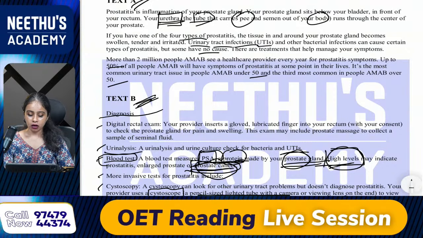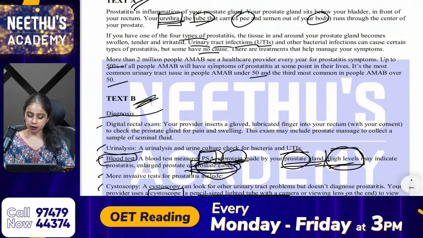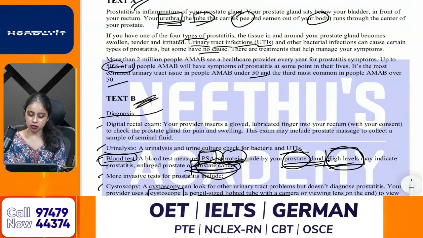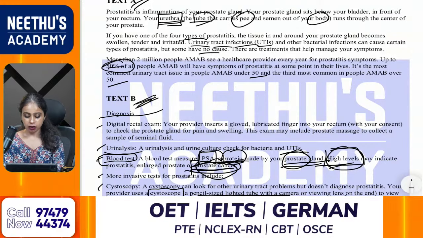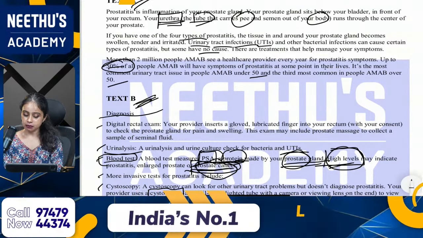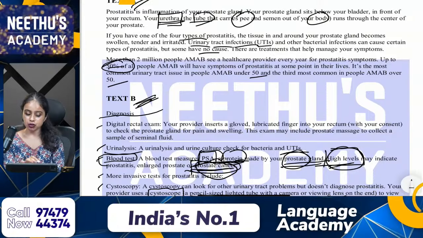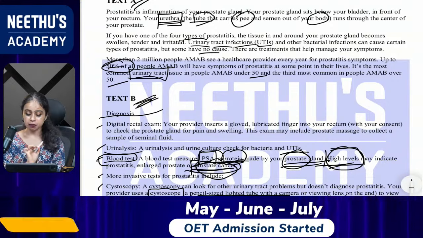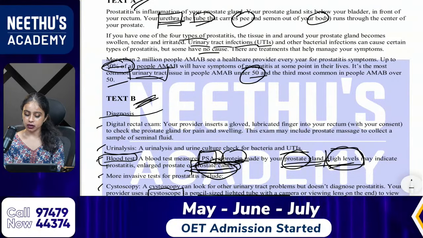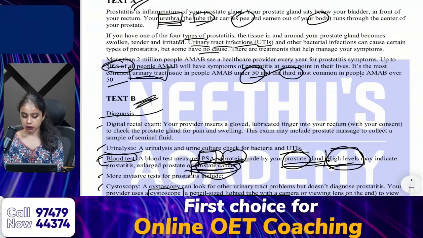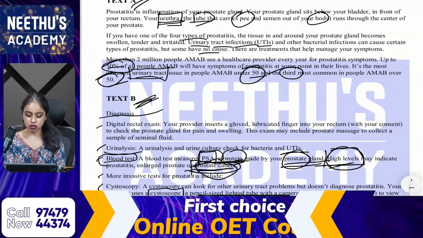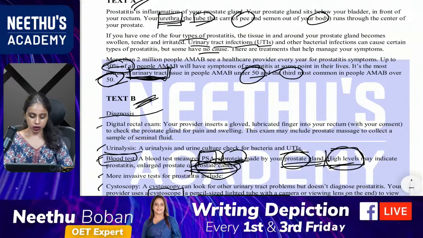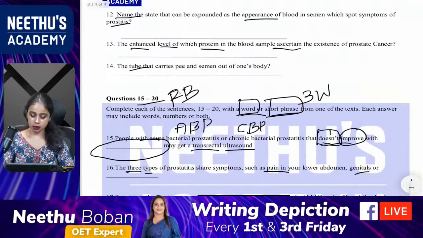More than 2 million people see a healthcare provider every year for prostatitis symptoms. Up to 50% of all people, that is a keyword, will have symptoms of prostatitis at some point in their lives. It is the most common urinary tract issue in people AMAB under 50, another keyword, and the third most, another keyword, in people AMAB over 50. So the answer should be urinary tract, which is from text A.